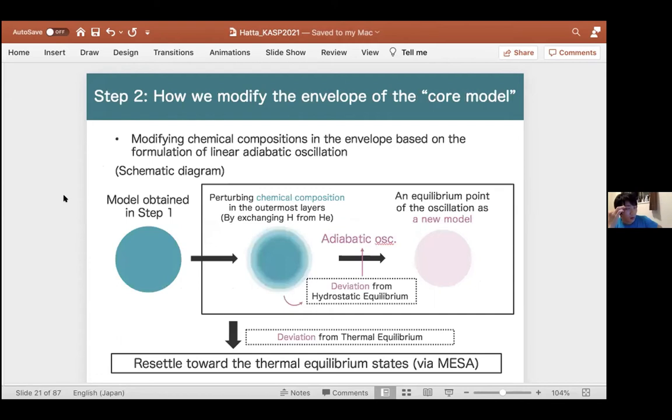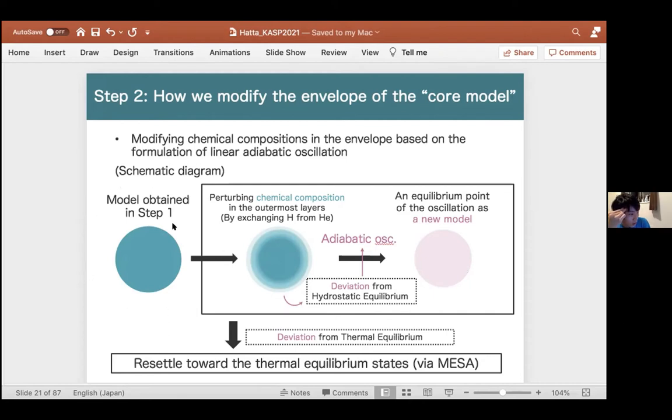Then we are going to fit the observed p-mode frequencies by modifying the envelope of the core model constructed in step one. To do that, we have developed a scheme to modify chemical compositions in the envelope of a certain stellar model based on the formulation of linear adiabatic oscillation. Here is a schematic diagram for the scheme.